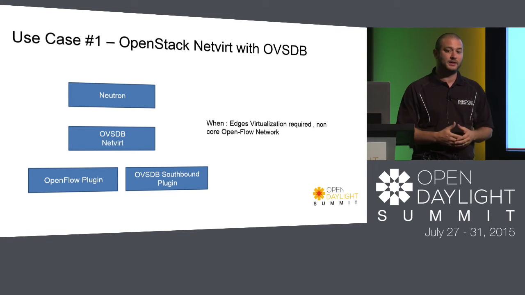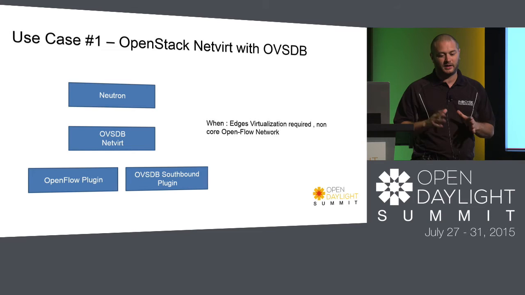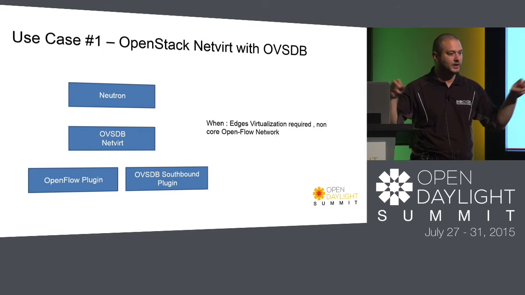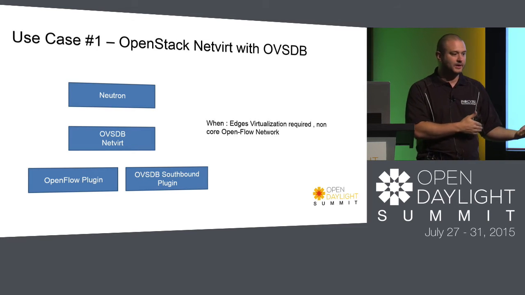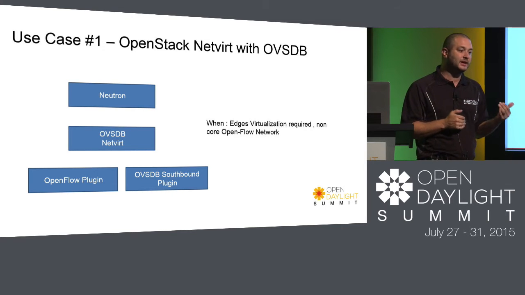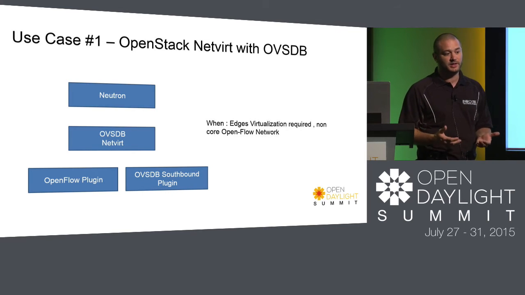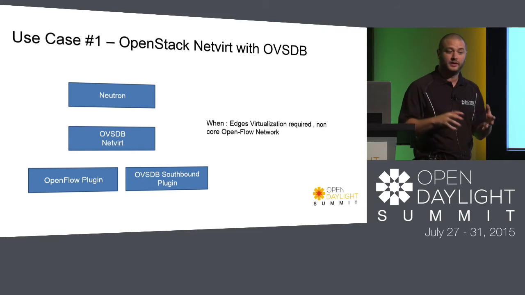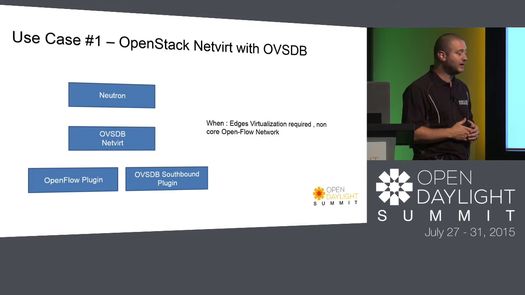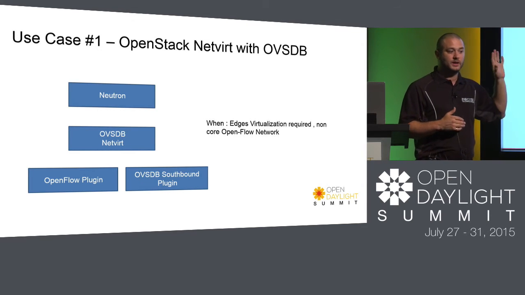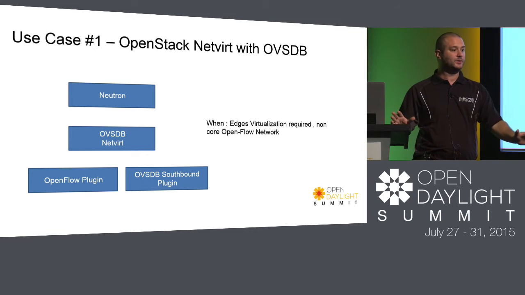It's not like there's one winner. That's why, when people are all discussing which one should win, or what's the default way you should set up an OpenStack cloud with OpenDaylight, it is a difficult answer, because it is about what you are trying to achieve, what your environment is, and what things you are trying to do within that environment. So OVSDB NetVirt is the de facto thing because you don't change your network.